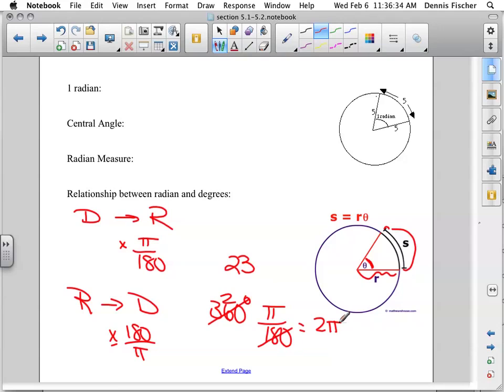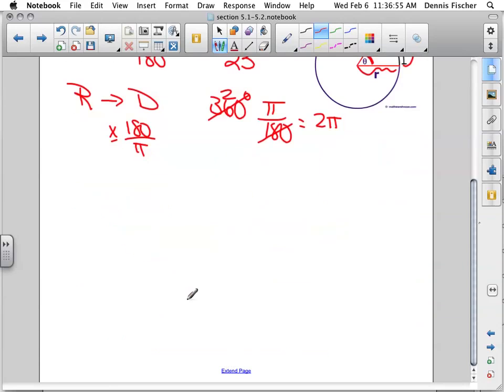Radian measure is an angle formed when the radius and the intercepted arc are the same length. Another way you can think about it, how many know this one? Circumference of the circle, 2 pi r.